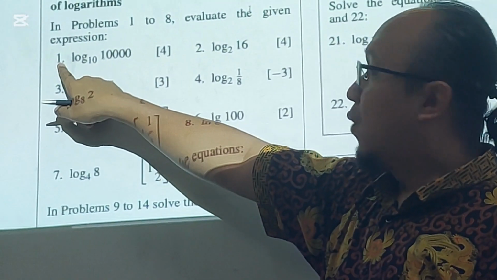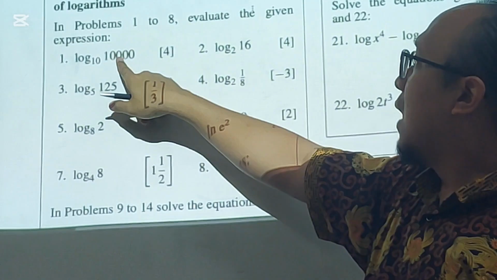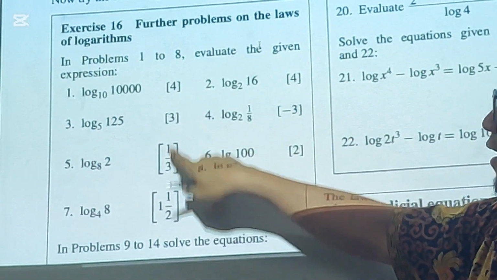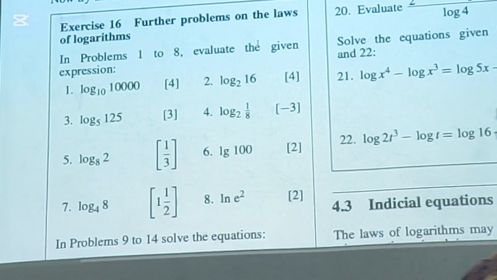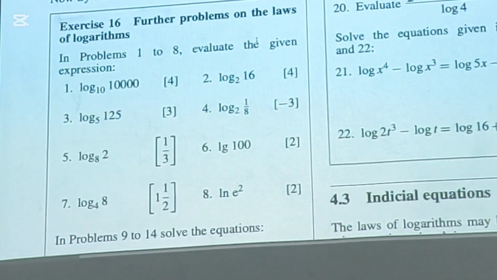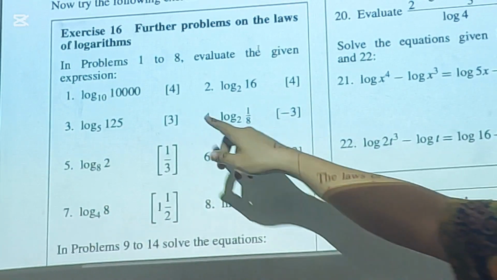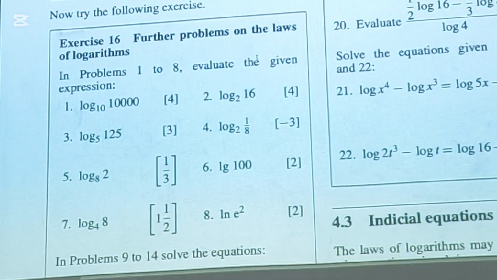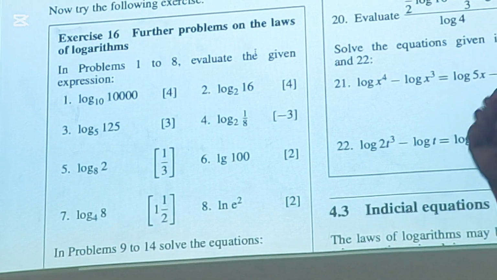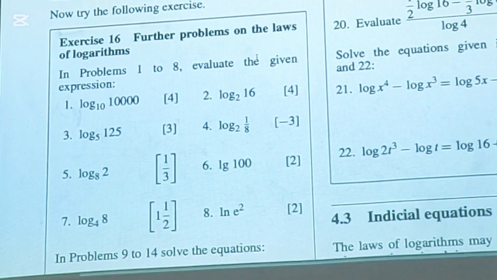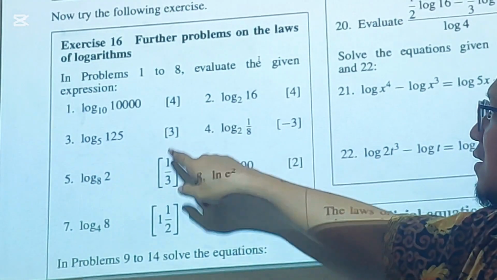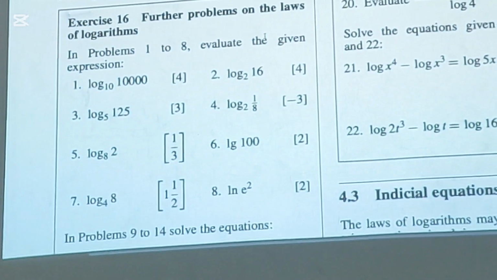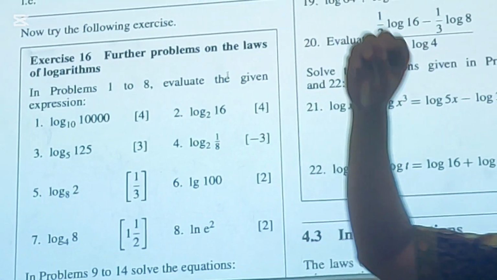For example, question number 1, 10 log 100 equal to 4. And this is the answer. You have to write how to get the final answer 4. So you can write the process of how to get this answer. The answer is already provided for you. You have to write the process.